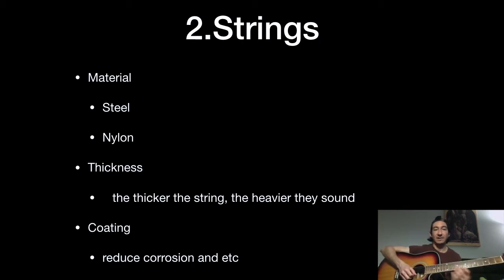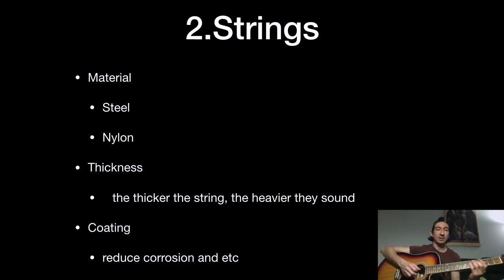If you have stiffer or thicker strings, it will be harder to bend the strings, and it will maybe be a bit more painful for your fingers if you are starting. So I would recommend going for thin strings. The problem with thin strings is that they break very easily, but it doesn't matter.